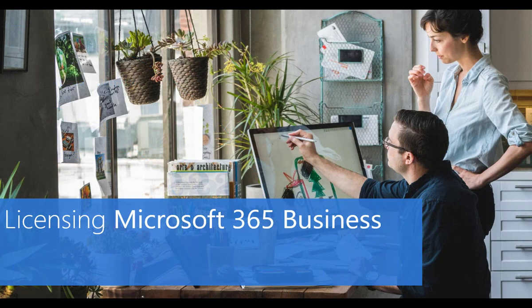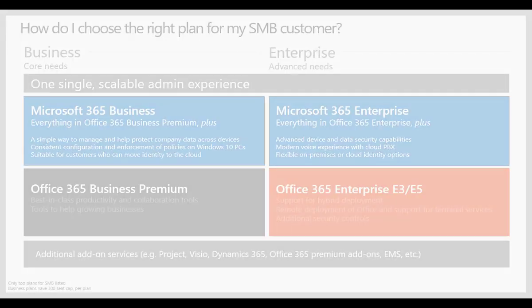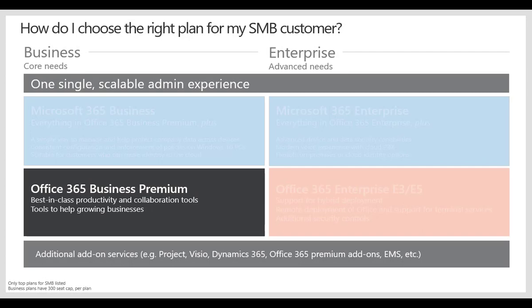So how do we actually manage and control the licensing? What's involved here? Again, in the matrix we can see that we typically start out with the Office 365 Business Premium product. This is the same as it's always been. This is a good entry level, especially for SMB customers, into the world of the cloud.